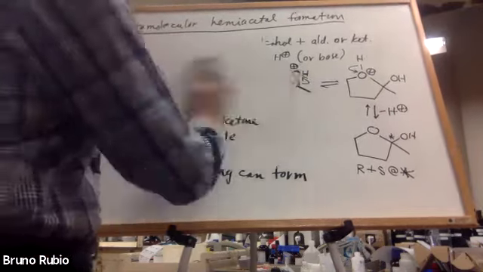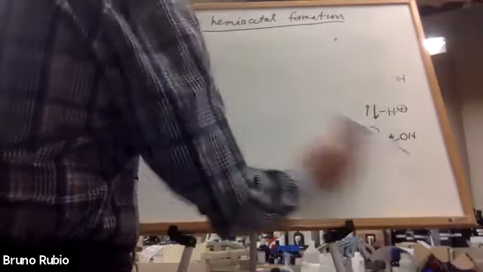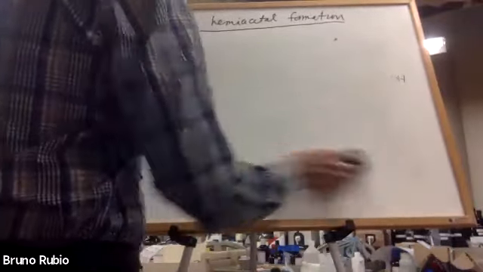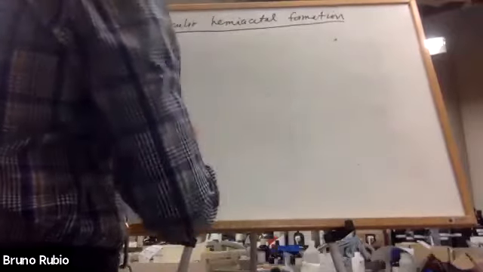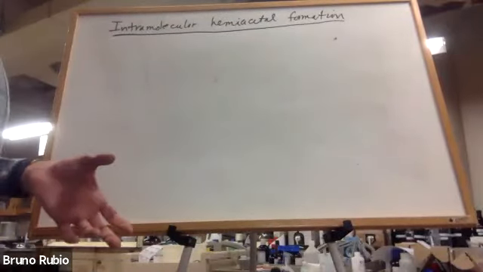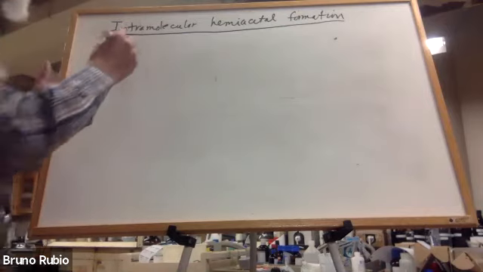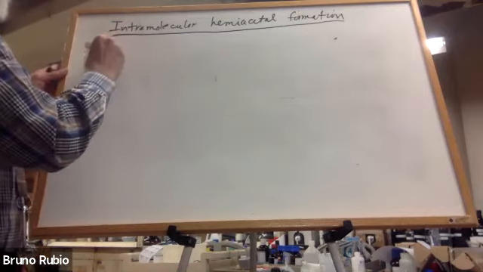Once again, the recipe for the hemiacetal is an aldehyde or a ketone plus an alcohol. But what we've just discovered is the aldehyde or ketone and the alcohol can be 2 separate molecules, or both of those functional groups can be on the same molecule. So maybe something like this.